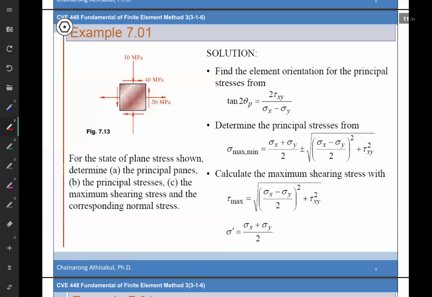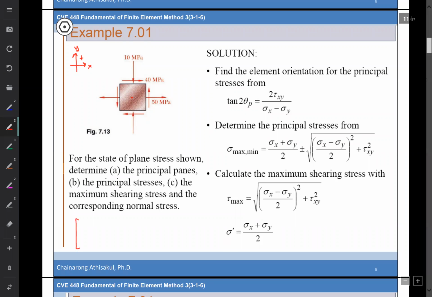According to this picture, we define the Cartesian coordinate with the positive sign convention like this, and according to the positive sign convention that we already defined for the state of stress above, we can write the stress tensor for this picture like this.